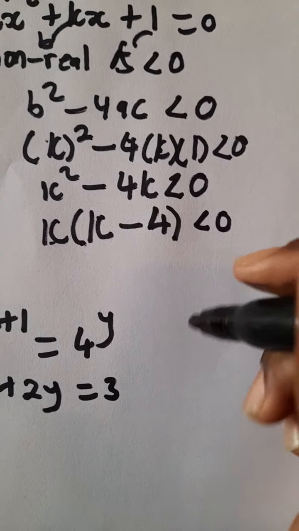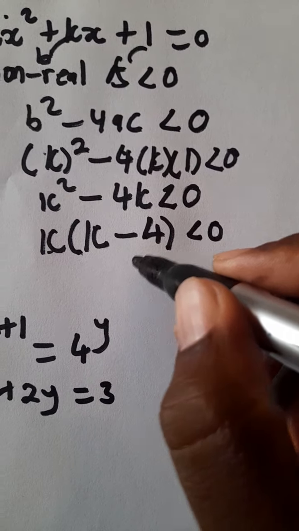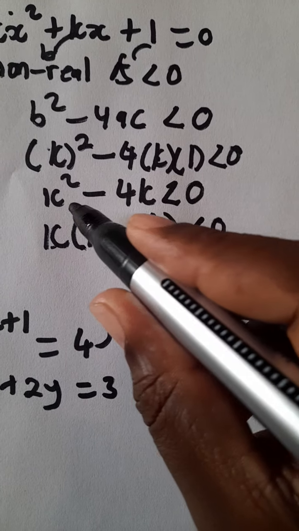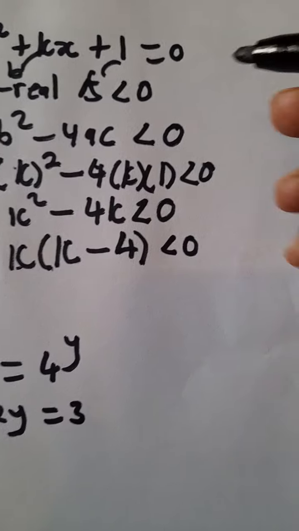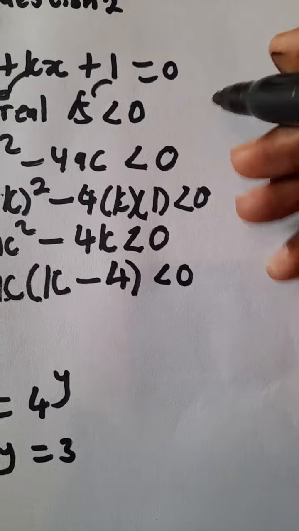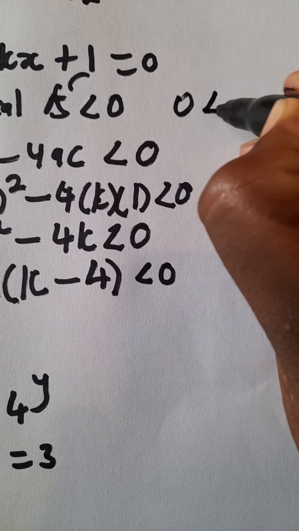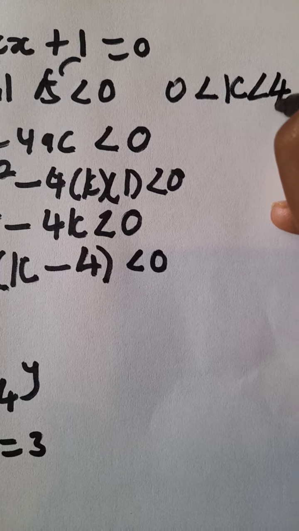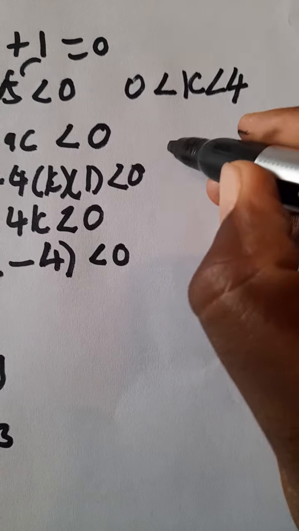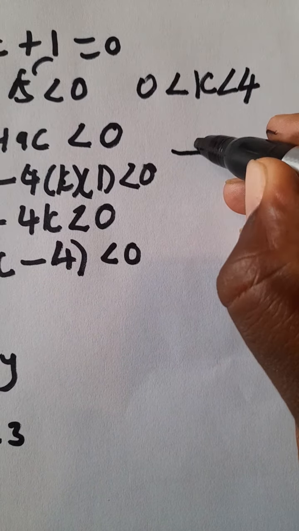So here we are solving this. Since this is our graph, our x values are going below here. So meaning that our solution will be 0 is less than k, but k is less than 4. Yes, so we can represent this graphically.